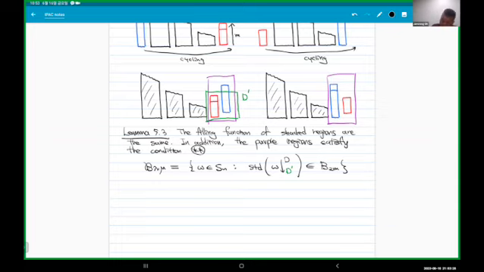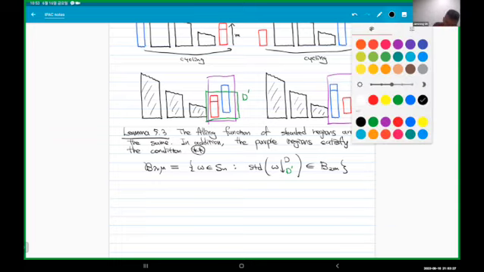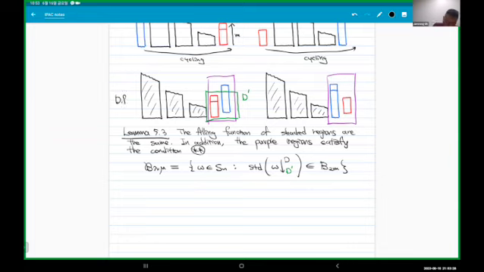Okay, and let me denote the filled diagram here as df and define stat lambda mu.